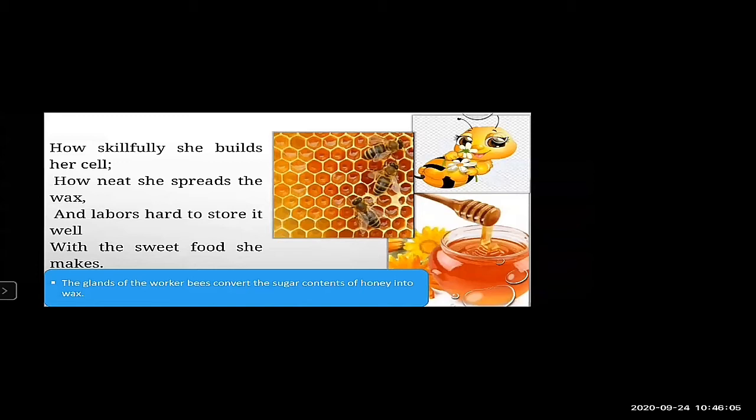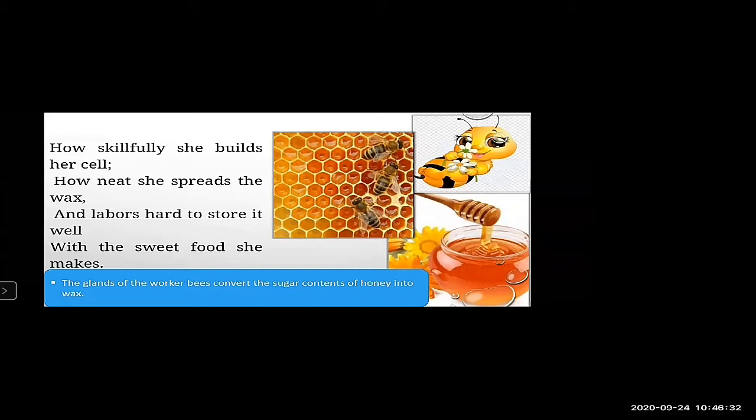So, like her, we also have to be hardworking. Never mind if you are a small kid or a grown up person, you can work hard at any point of time. If you have the will to work hard, you can definitely achieve what you want to achieve in your life.